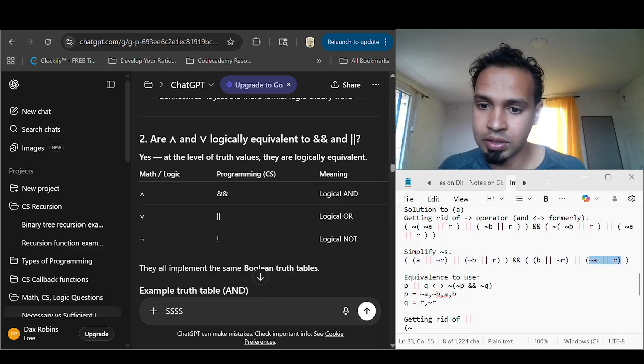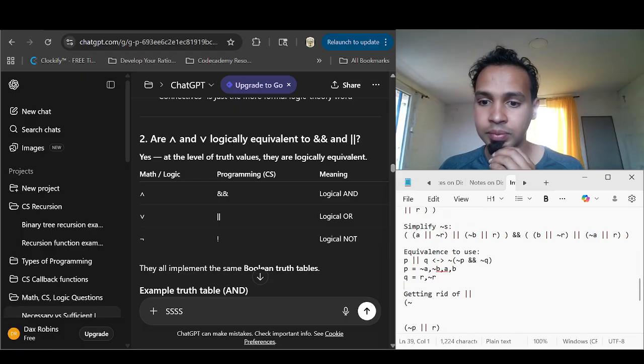They're slightly different. This is A not R, this is not B R, this is B not R, and this is not A R, right? So there are four combinations there, basically. The only combination that isn't there is not A and not R.